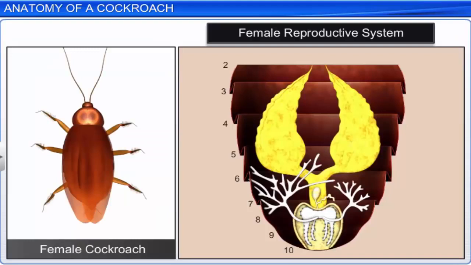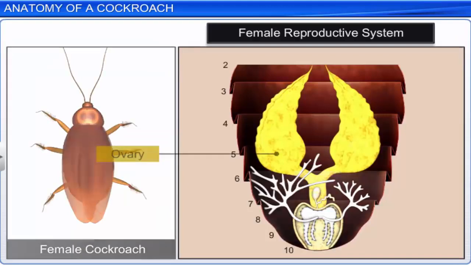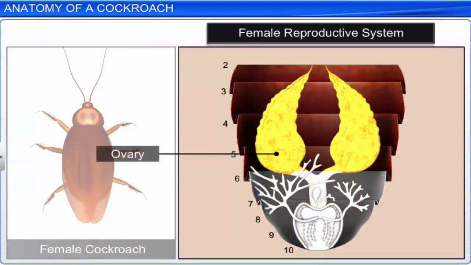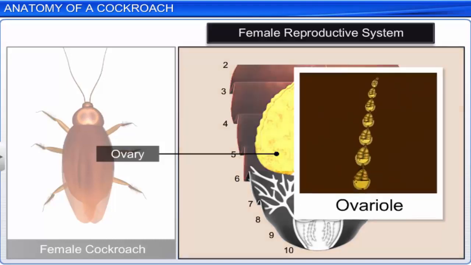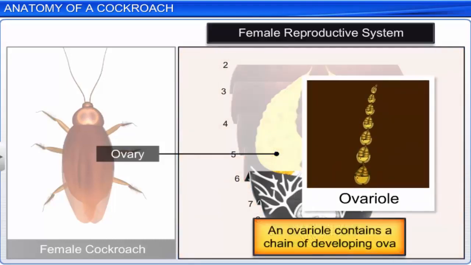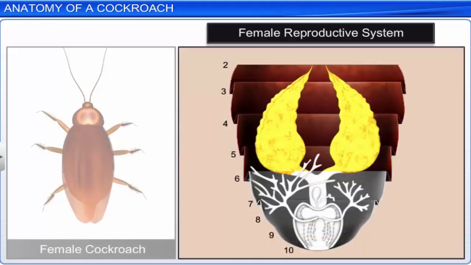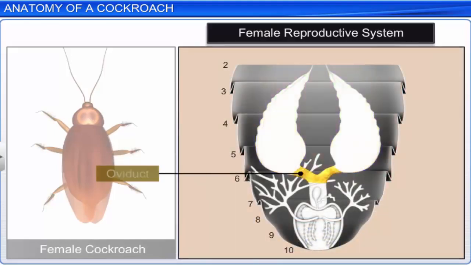The female reproductive system consists of 2 large ovaries, which lie on the lateral sides of the 2nd to 6th abdominal segments. Each ovary consists of 8 ovarian tubules or ovarioles containing beaded strings of developing ova. From each ovary arises an oviduct, which joins to form a single common oviduct or vagina.